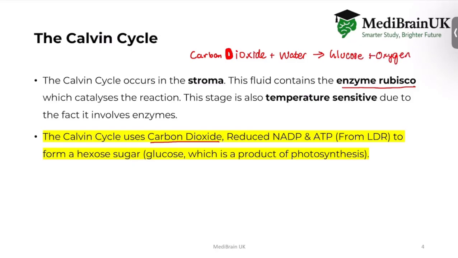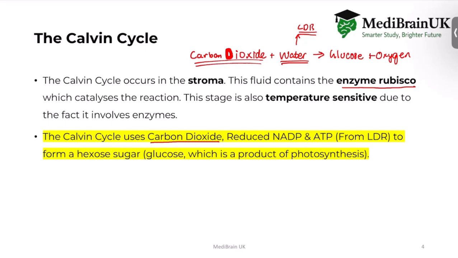Now we've seen the water already being used. This was used in your light dependent reaction. And now we need the carbon dioxide. Where are we going to get this carbon dioxide from? This carbon dioxide literally comes in for the Calvin cycle. So the second stage of photosynthesis requires carbon dioxide. And that's where the carbon dioxide comes into play.